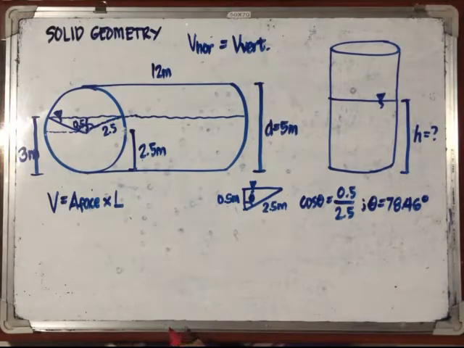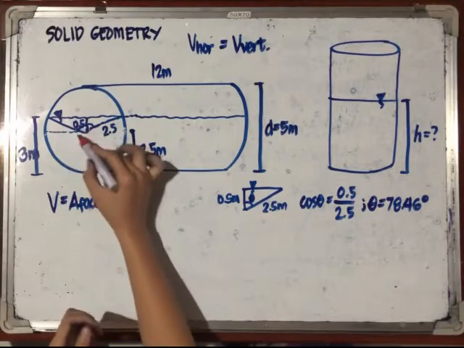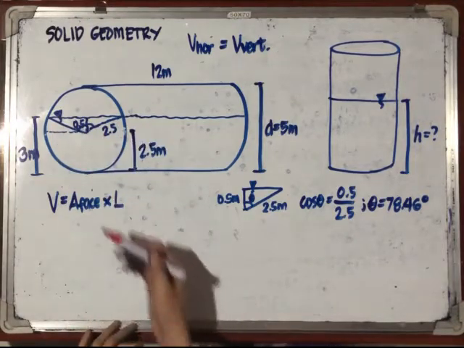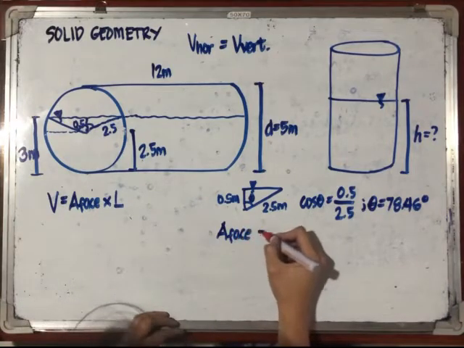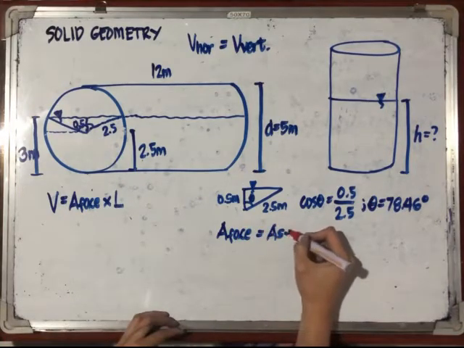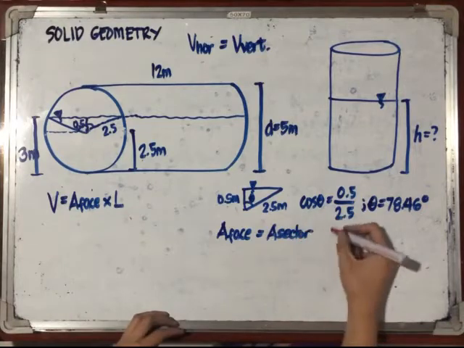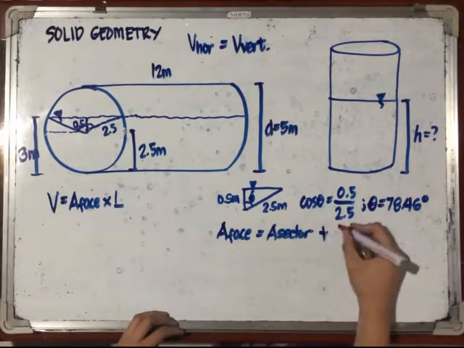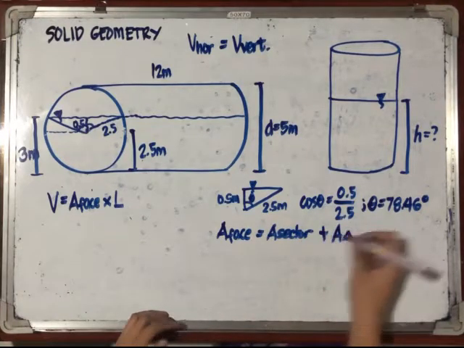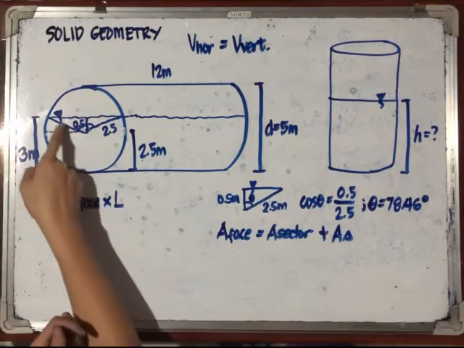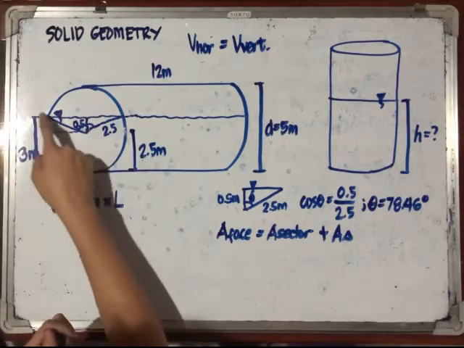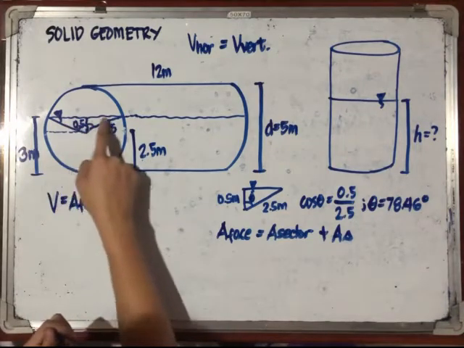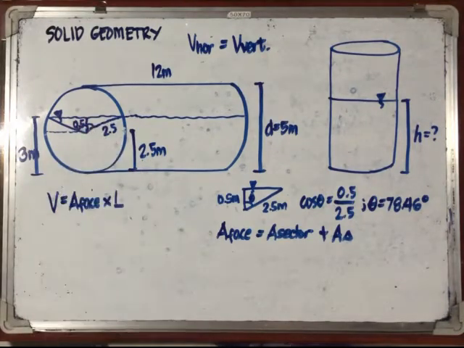So, if these two values are 78.46, can we now get the area of the face as the area of the sector plus the area of a triangle? The area of this sector here, that's a part of a circle, that's a sector, plus these triangles here. Tama yun, di ba? Okay.